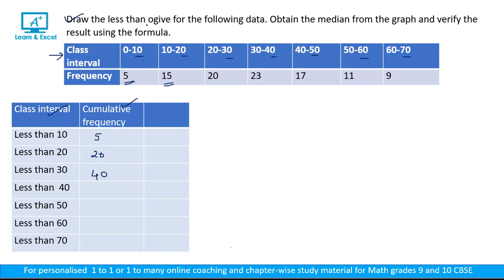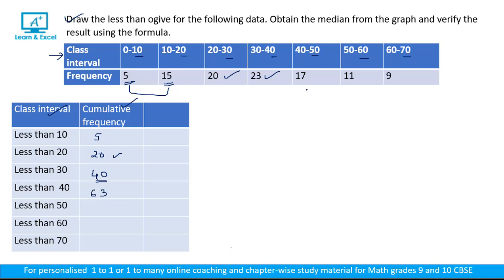When we are plotting the less than type ogive, we write the first frequency as it is. Then we add the first and the second frequency and write it over here. After that, we add the next frequency and write it over here. So for the cumulative frequency for less than 40, we take 40 and add 23 to it, so we get 63.